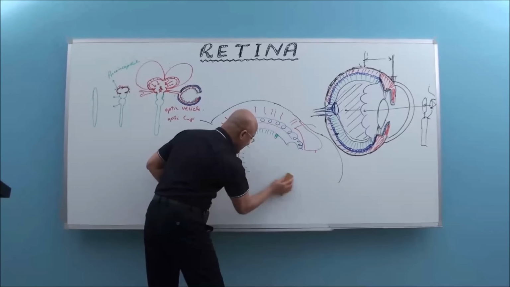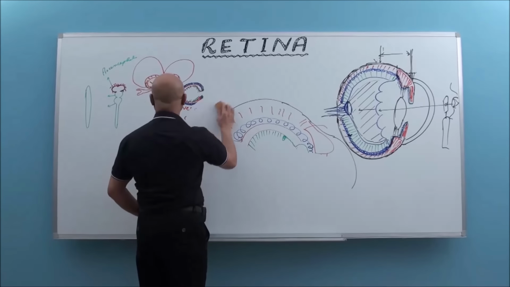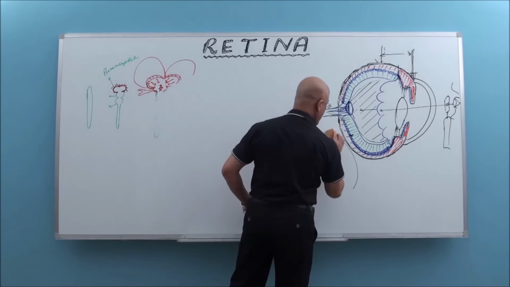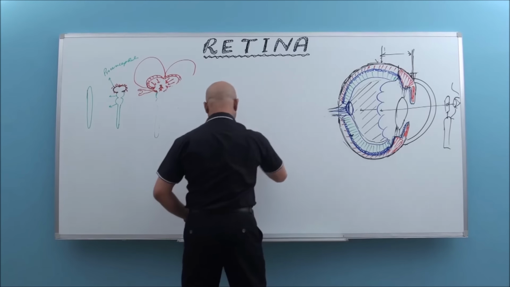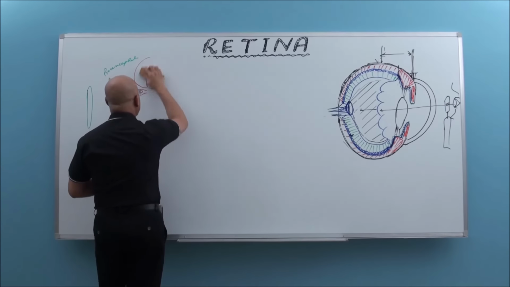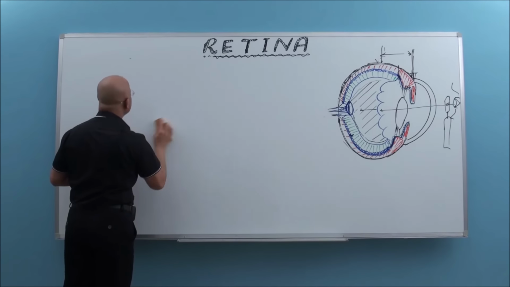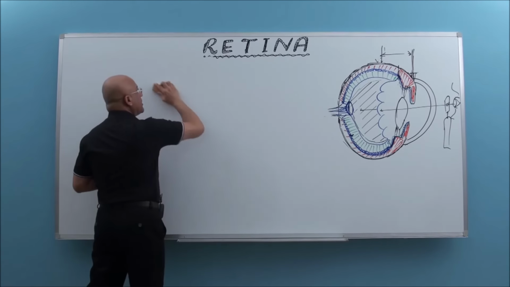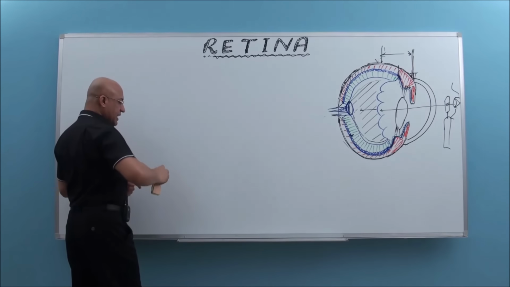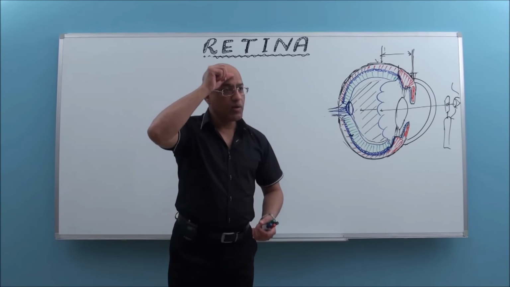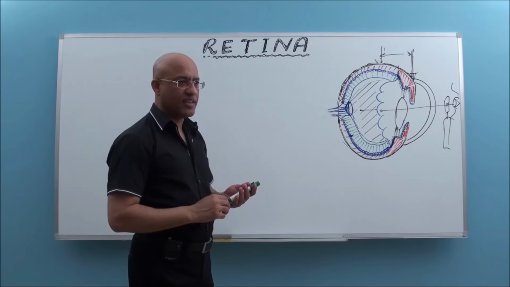Let's go back to the fundus oculi, or ocular fundus. What was the ocular fundus? Through an ophthalmoscope, when you look inside the eyeball, you look at the optic disc and part of the retina around that, and we call it the ocular fundus. What do you really see there?